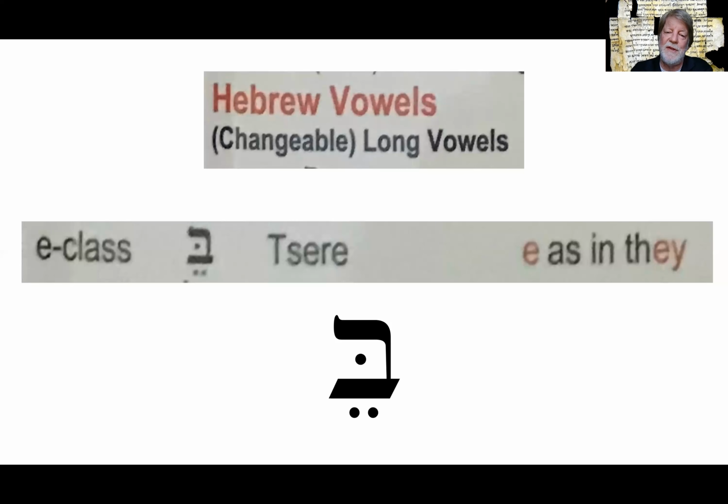It's hard for me to pronounce it that way, but that really is the proper pronunciation of it. So we would have a Yod with a tsere under it. The temptation for me is to pronounce that like it's an AY sound, like yay. But in Hebrew, it's properly pronounced like Y-E-Y.